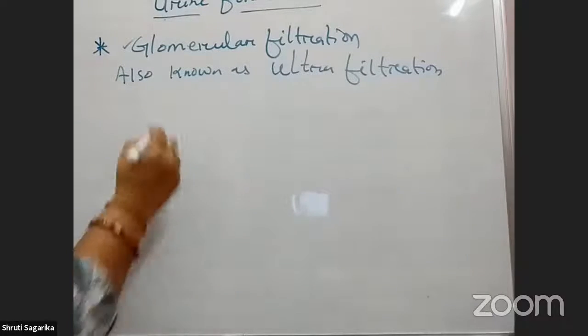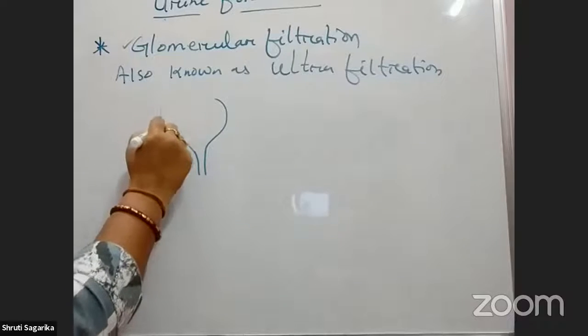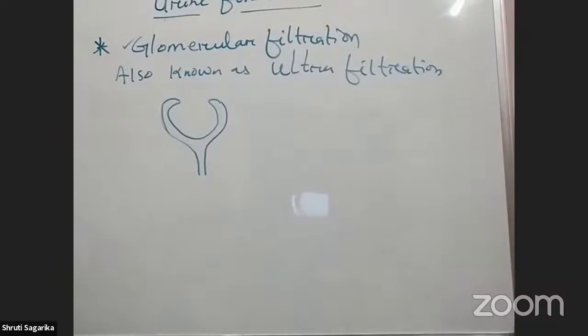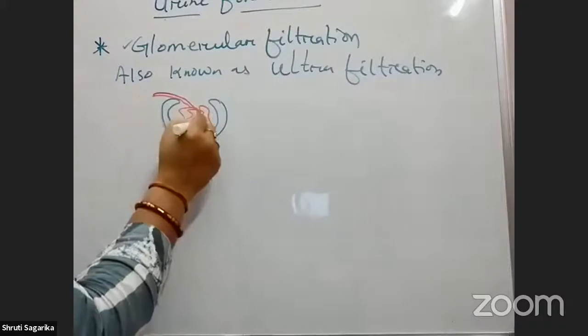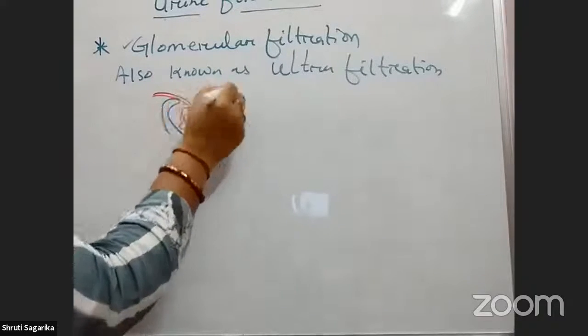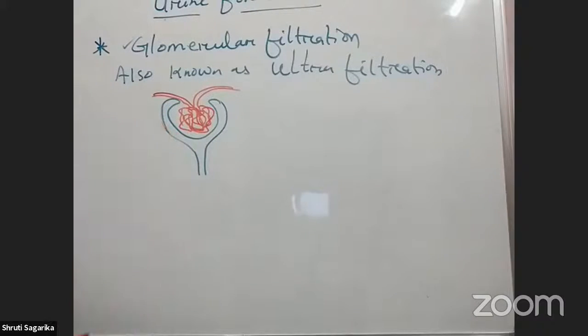Suppose I draw just the Bowman's capsule part. This is the Bowman's capsule, and this is the blood vessel. This is the Malpighian body.